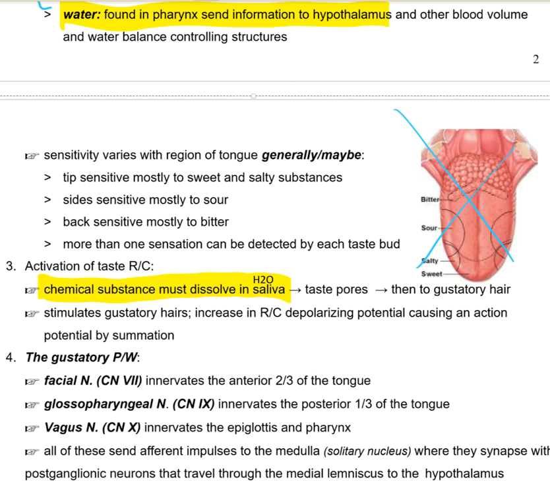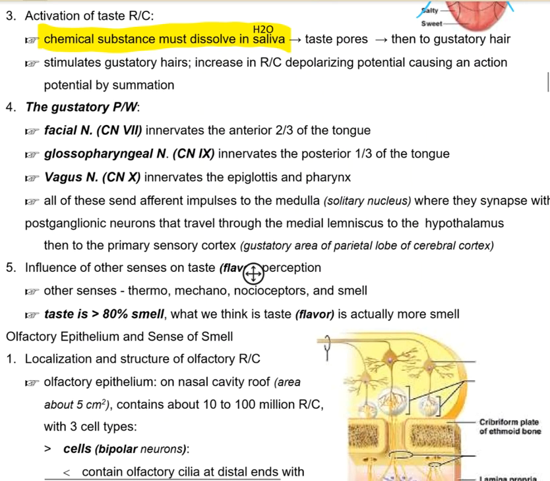Now, what are the pathways in which these taste sensations go? And there's actually 3 different cranial nerves. The first being the facial nerve. And the facial nerve, you remember, cranial nerve 7, it innervates the front or anterior 2/3 of the tongue. But then we had our glossopharyngeal nerve, and remember, glosso tells us tongue, and so that's cranial nerve 9, and that innervates the back part of our tongue.